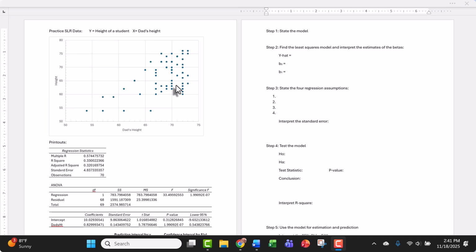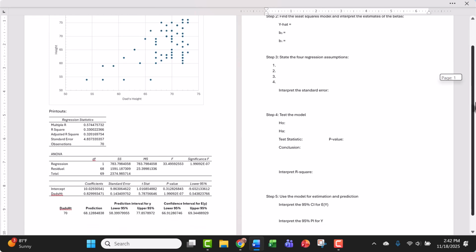Not every single female is shorter than any single male by any stretch, but there are some trends. But you see that even when you don't consider the sex of the student, there is decidedly a positive linear relationship between the variables. And what you see at the bottom down here is the Excel regression output.